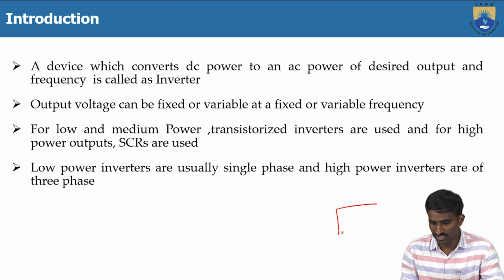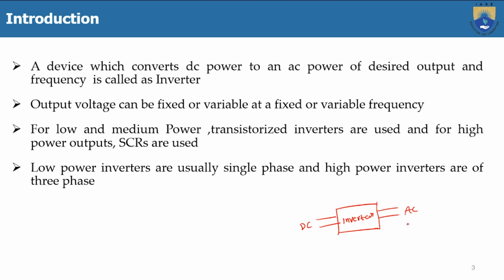Here, this is an inverter: the input that we are giving is DC and the output that we are getting is AC, with variable voltage as well as variable frequency. How we will get that, we will discuss while discussing the operation of different inverters.